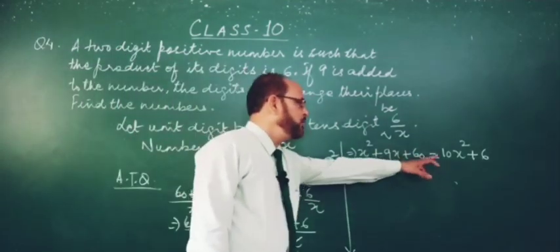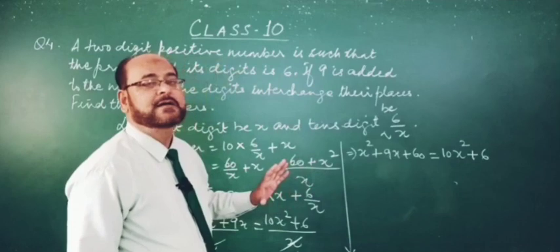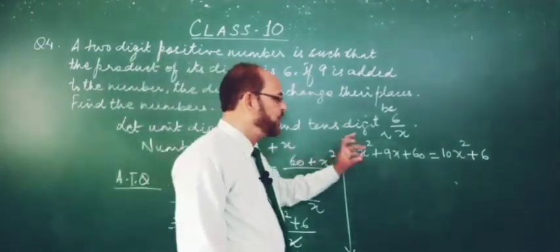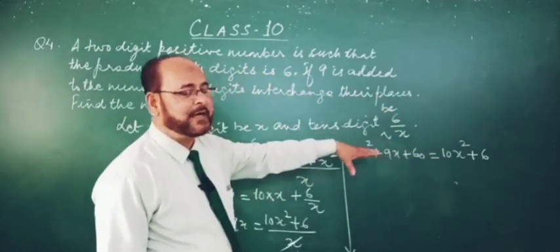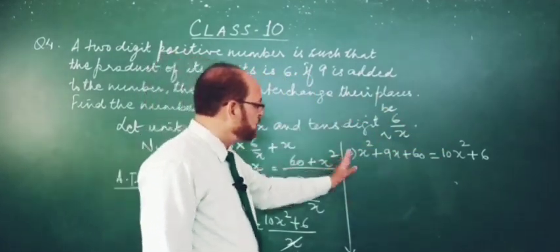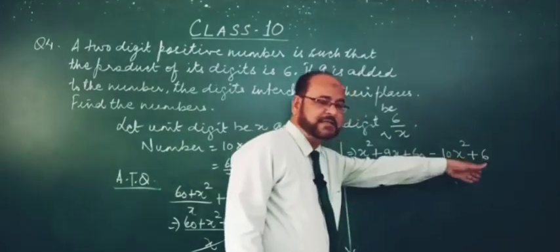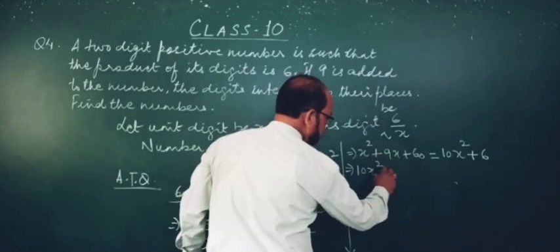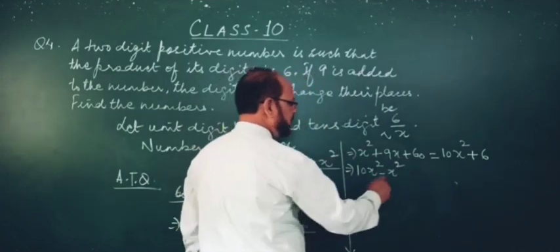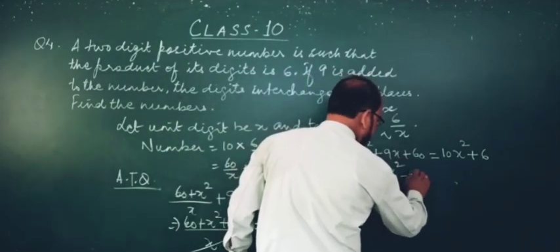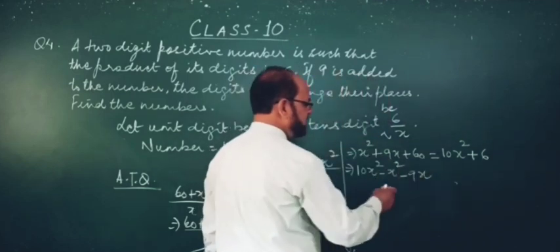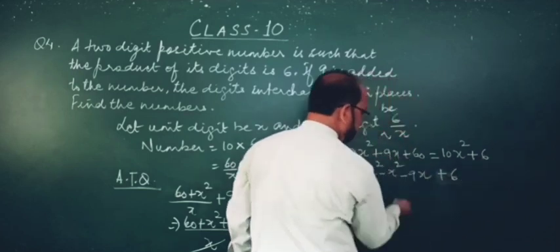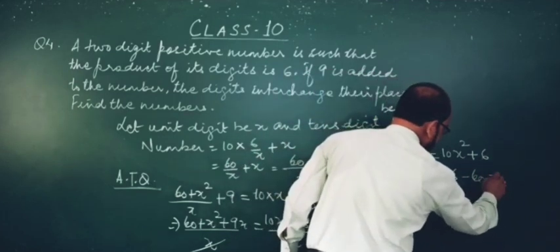Now children, if you bring 10x square to this side, it will become negative, so it will create some problem for you. So always try to make x square positive. So we will take all these terms to the other side of the equal sign. So we will get 10x square, then x square will become minus x square, plus 9x will become minus 9x, and plus 6 we already have over there, and 60 will go to that side and become negative 60.